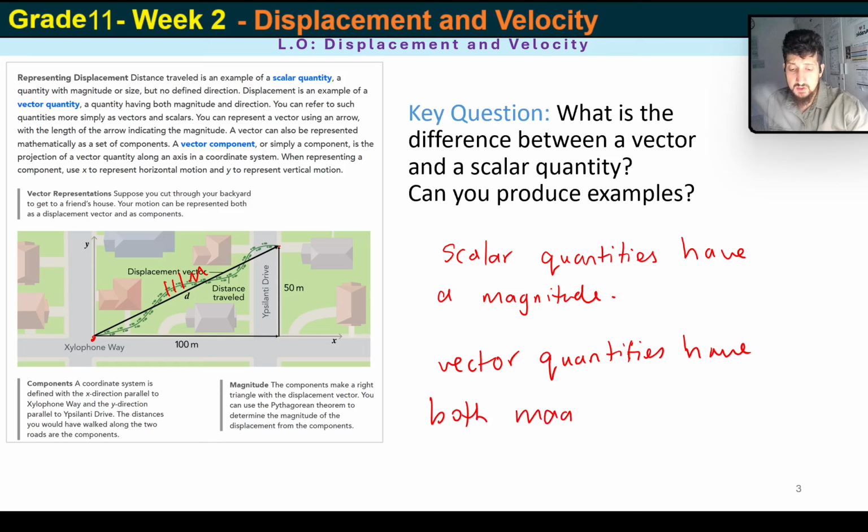Magnitude is just a fancy word which means size or length. Examples of scalars are things like distance and speed. Examples of vectors are things like displacement and velocity. And we'll see how those two things are related.